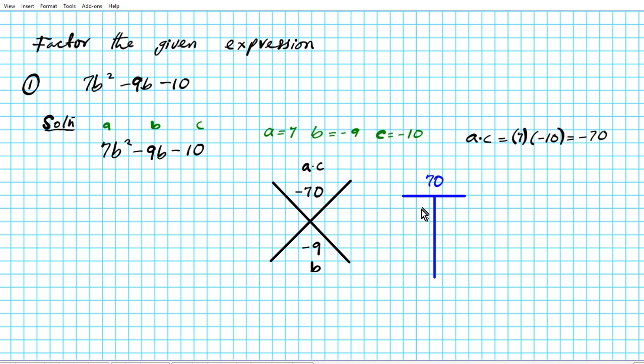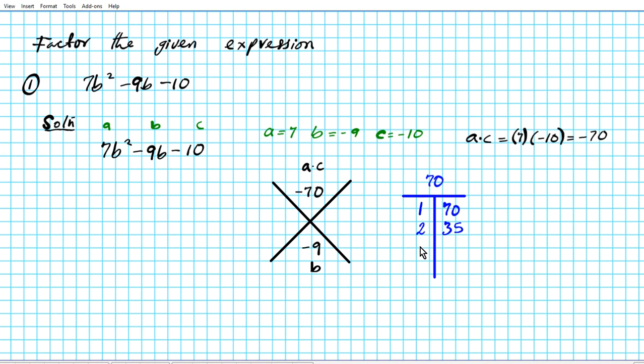We know 1 goes into every number, so 1 times 70 is 70. How about 2? Does 2 go into 70? Absolutely. How do we know? 70 is even, and 2 goes into every even number. So 2 times 35 is 70.